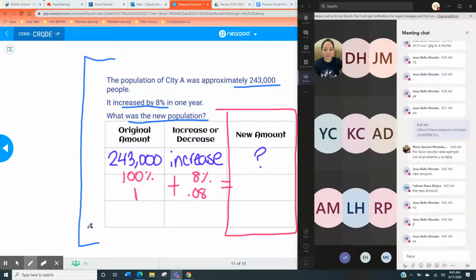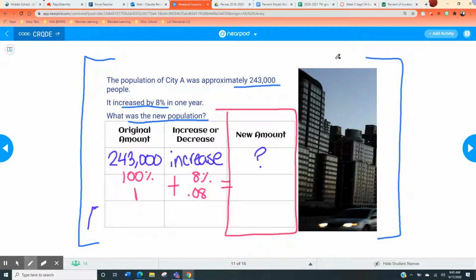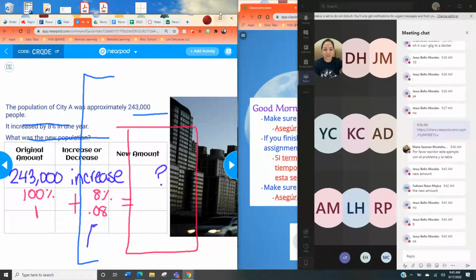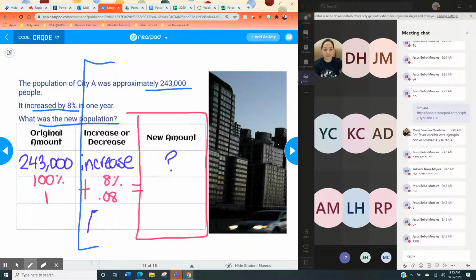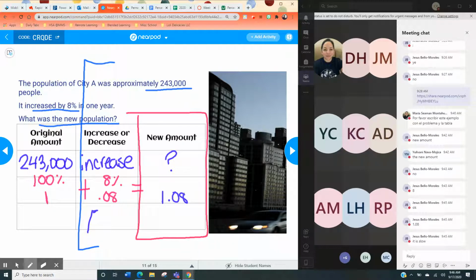That question is for you, Jesus. Sorry, I'm trying to fix my screen. Okay, you gave me the decimal. So 1 plus 0.08 is 1.08. Good, but what is the percent? I know. What is 100% plus 8%?